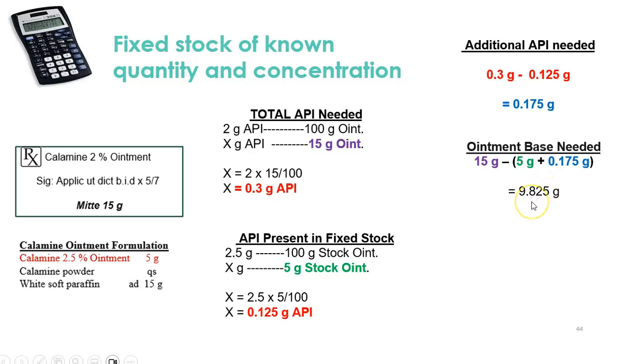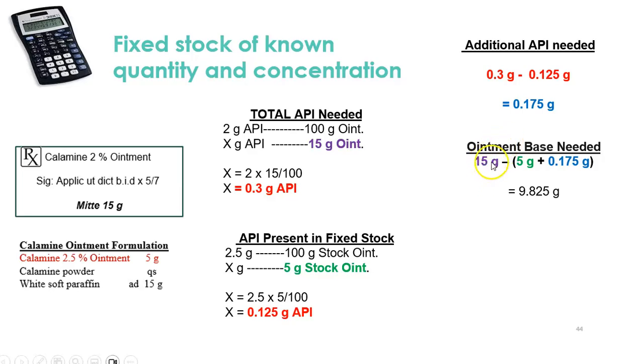A student may say, Miss, I don't understand. Why don't you subtract the 0.125 gram here? No. The 0.125 gram calculation is only done to find out how much additional calamine is required. It has nothing to do with the ointment base needed to make a 15 gram product.